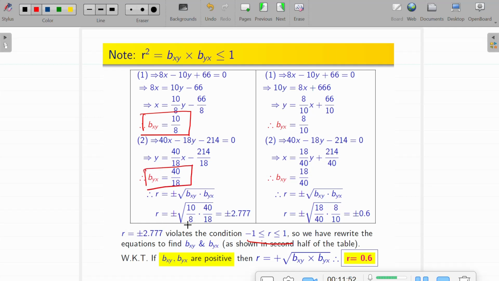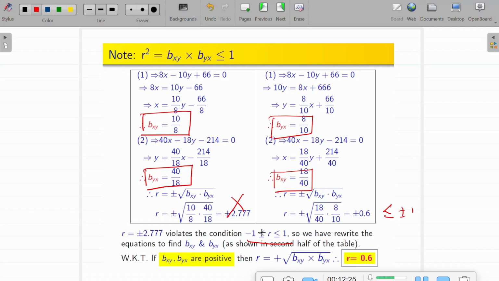So the correlation coefficient will be plus or minus 2.777, which is not possible, because the correlation must lie between minus 1 and 1. With the choice we made, byx is equal to 8 by 10 and bxy is 18 by 40, which is 0.68 in the product. Going with this scenario, I'm getting the value of r which is less than or equal to plus or minus 1, the bound of the correlation coefficient.